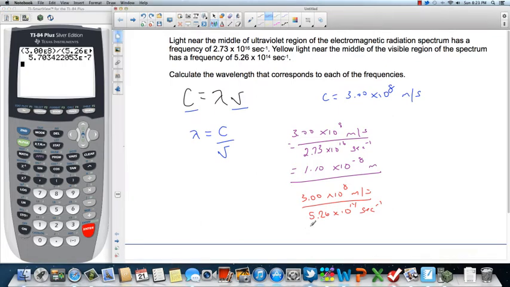Again, with the right number of significant figures, that would equal 5.70 times 10 to the negative 7th meters.